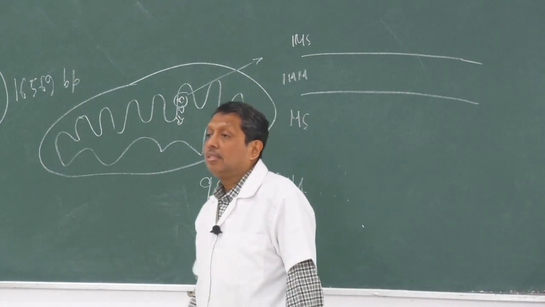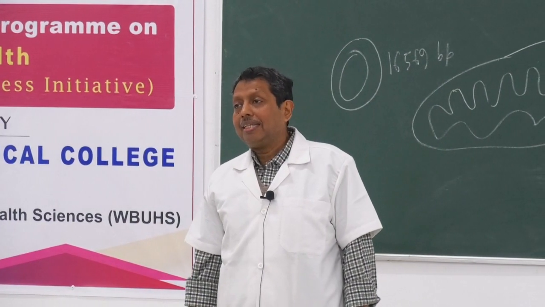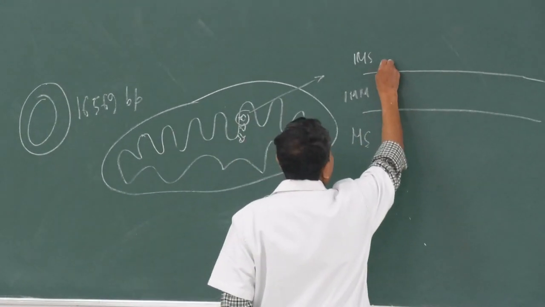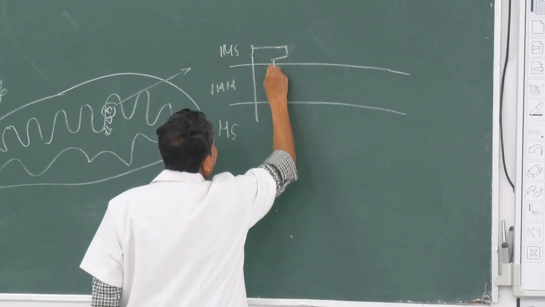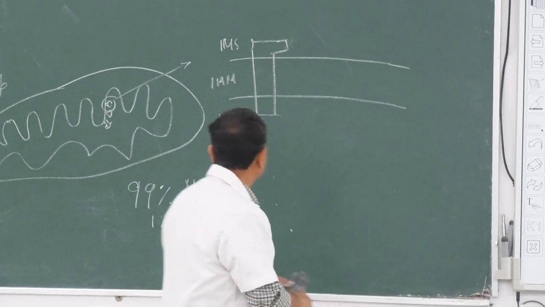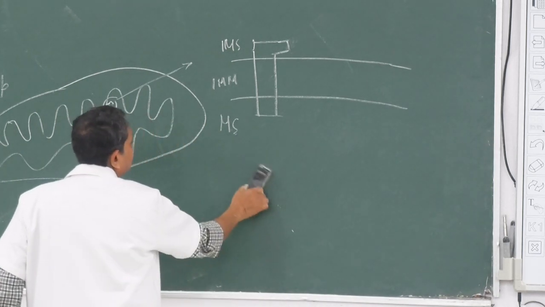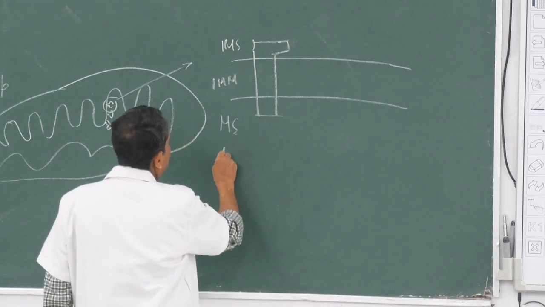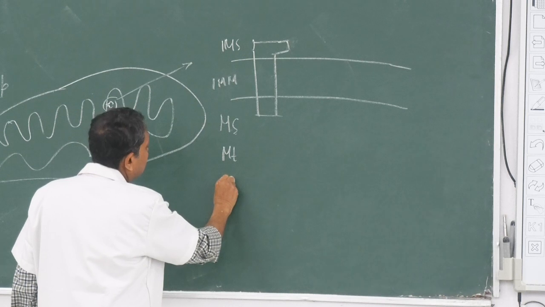Complex 1 is NADH dehydrogenase. They are disposed in an L pattern. In that case, there is the mitochondrial, and there is the nuclear.